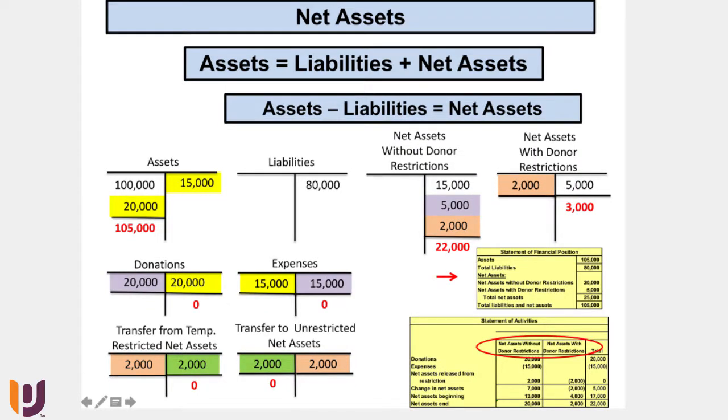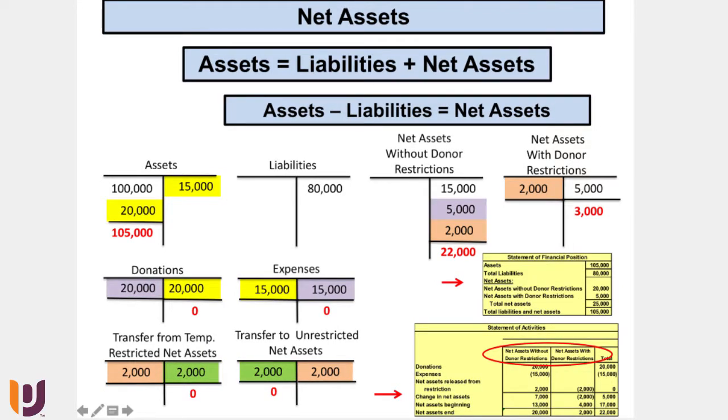We show the transfer between the net assets without donor restrictions and the net assets with donor restrictions. We also show the beginning net assets, the increase or decrease, and the ending net assets. For the Statement of Activities, we must show the individual net asset classifications and the total.